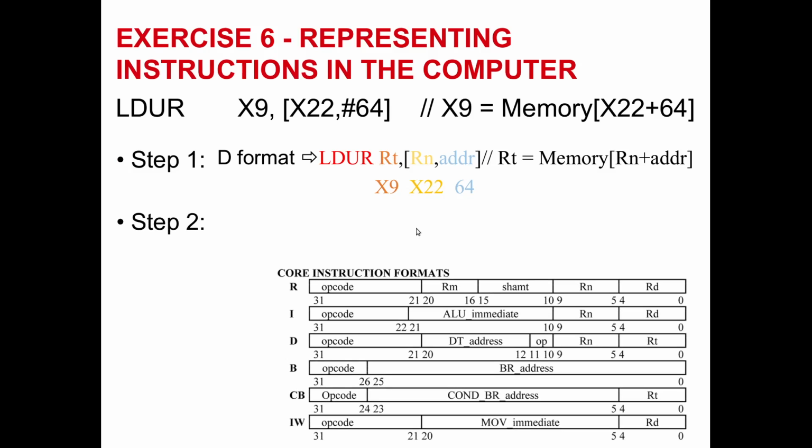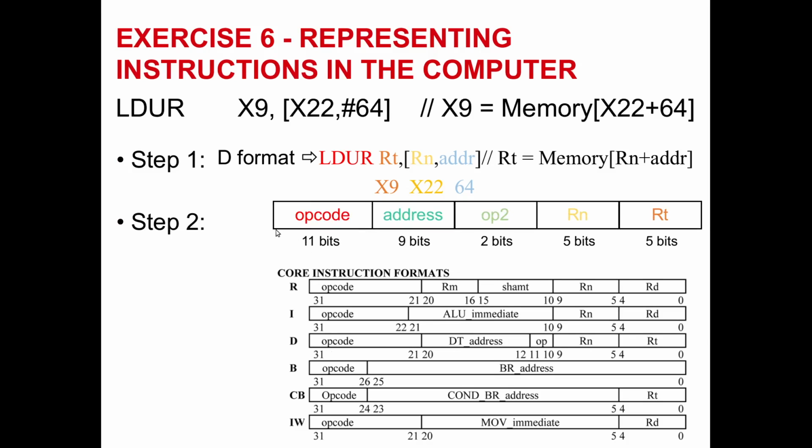For step 2, we will need to know the code instruction format for the D type, and we can see D type here. We have opcode, and then the offset address, this address, and then this part operation, but we will not use it at this time, and then RN, and finally RT.